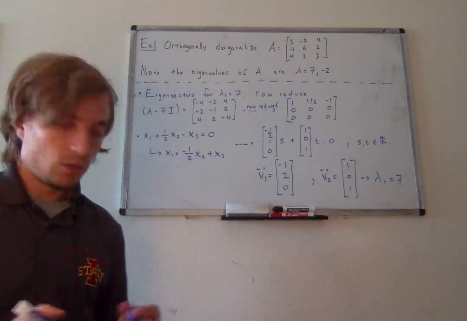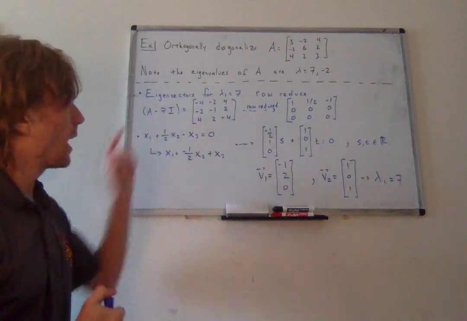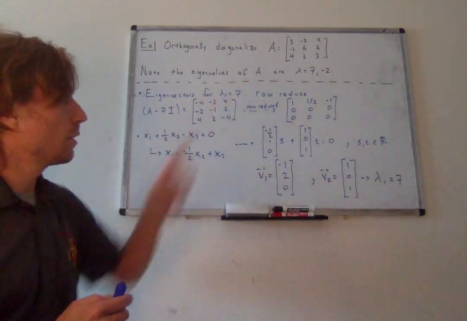So we're not quite done. We need to find the eigenvector for -2.